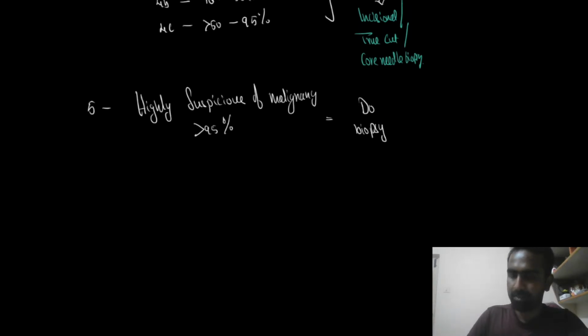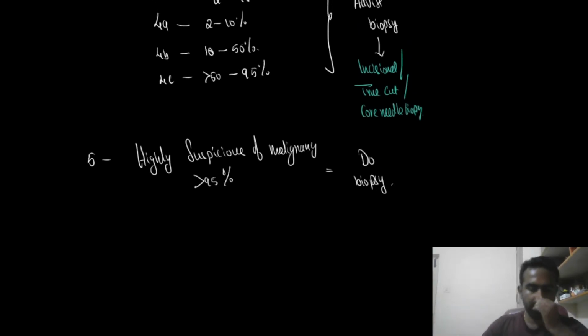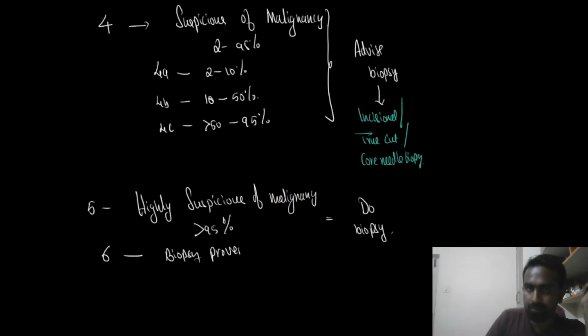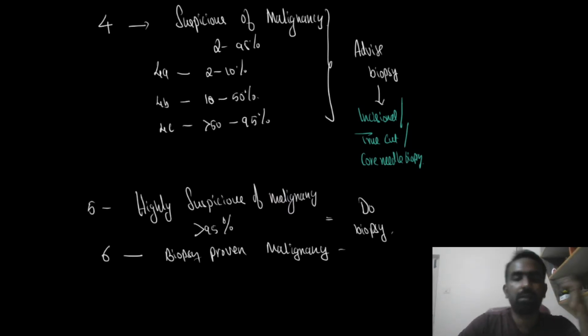Biopsy is a must here. For grade 4, we advise biopsy. For grade 5, we do biopsy. Grade 6 is nothing but biopsy-proven malignancy, either by true cut or surgery.